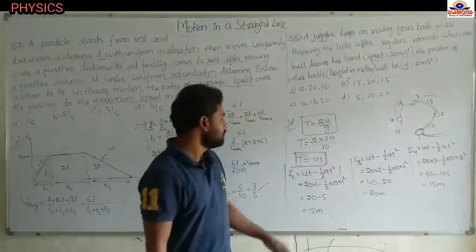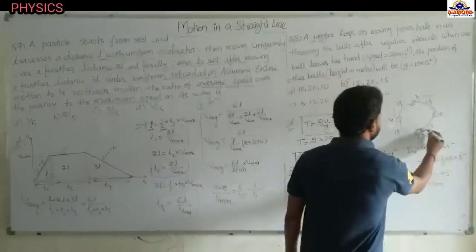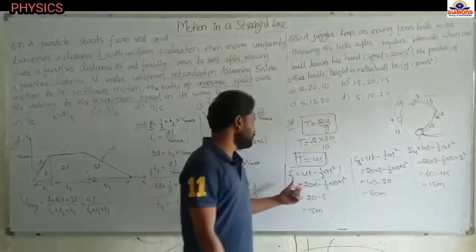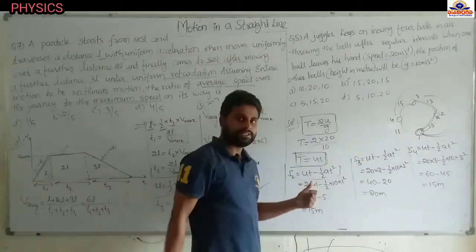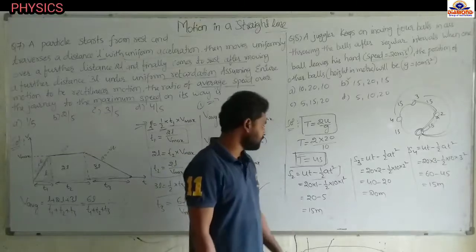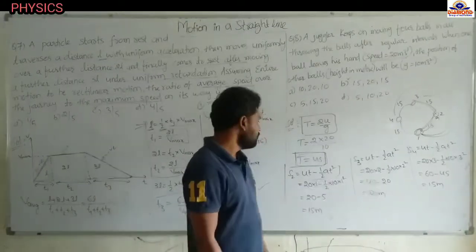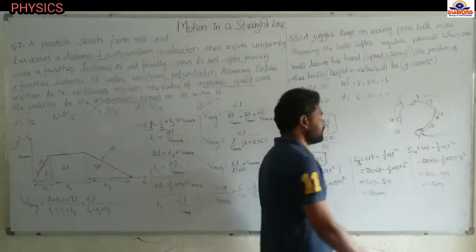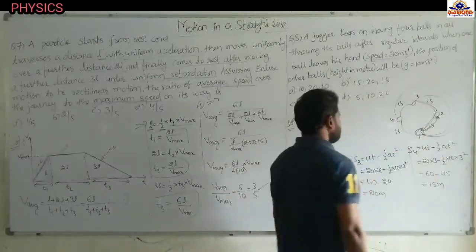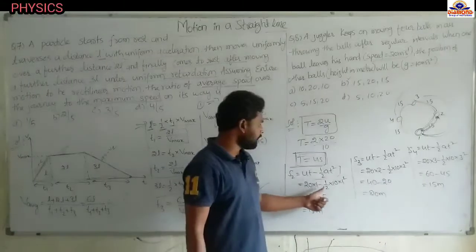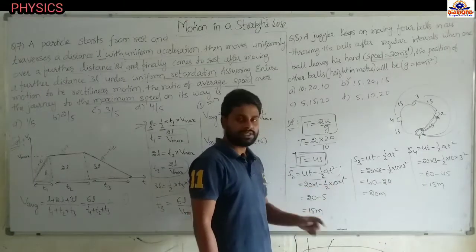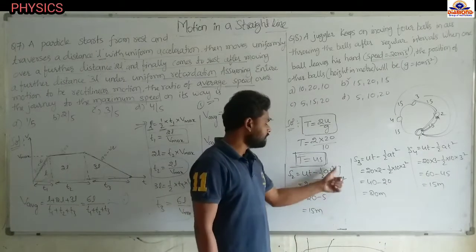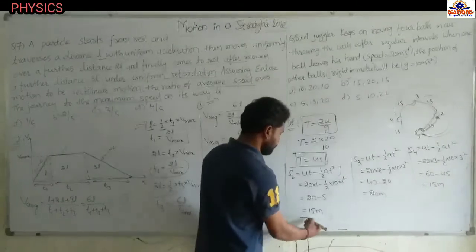It is thrown upward, so a equals minus g: S2 equal to ut minus half gt square. With u equal to 20 meter per second, t equal to 1 second, and g equal to 10, we get 20 minus 5, which is 15 meters.